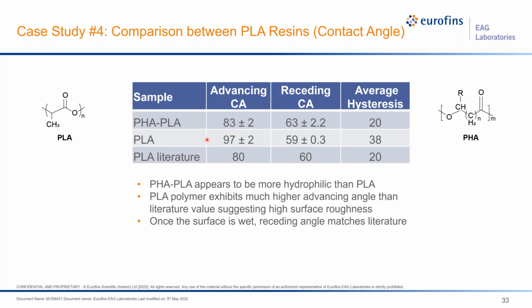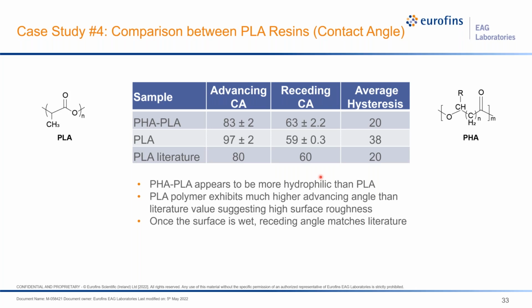For our regular PLA sample, the advancing angle is really high, and the reason for that is likely because it's a very rough material. It's a very rough surface. And then when that surface is wet, now all the numbers kind of line up, and all the receding angles for this material are rather consistent. So of course, we can go further with this.